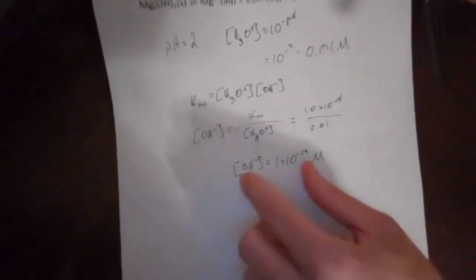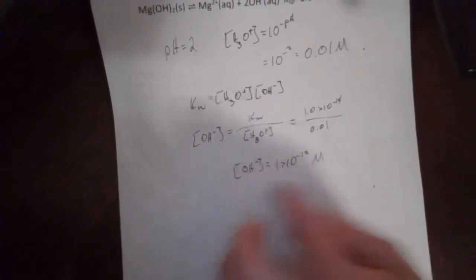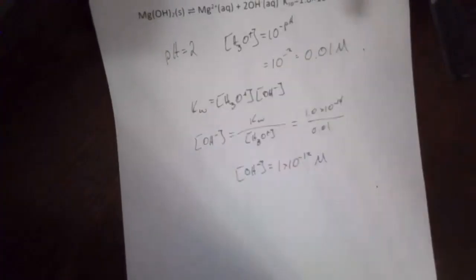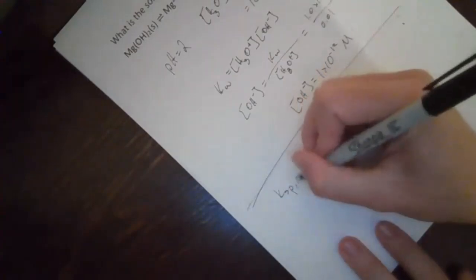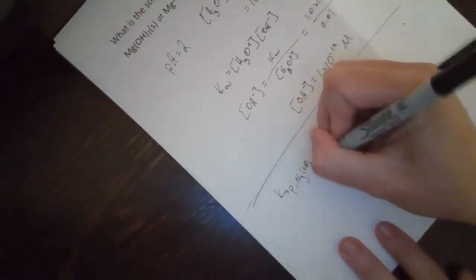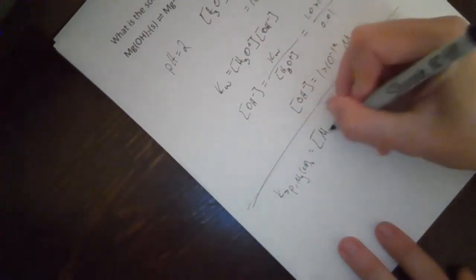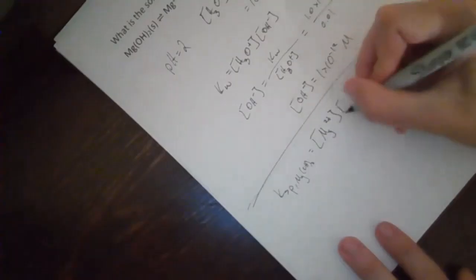And so what we want to figure out now is, if this is what the concentration of hydroxide needs to be, how is the magnesium hydroxide going to dissolve to describe that? We know the Ksp for the magnesium hydroxide is equal to the concentration of magnesium times the concentration of hydroxide squared.